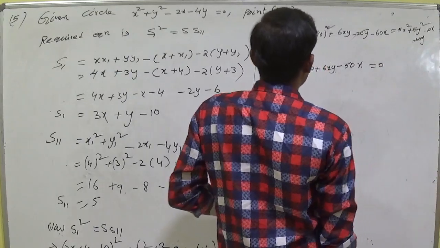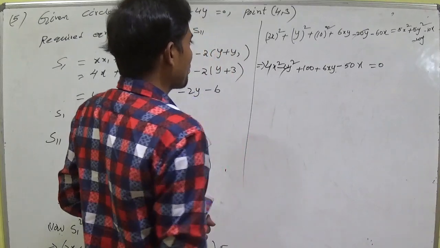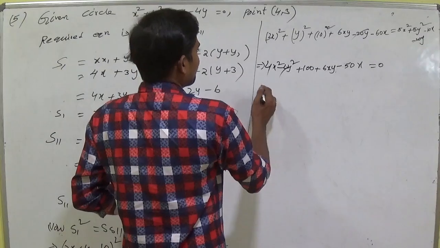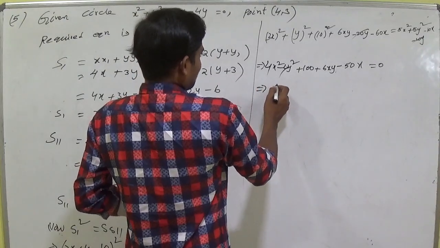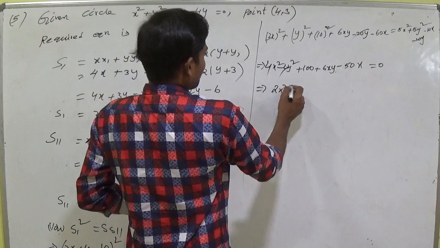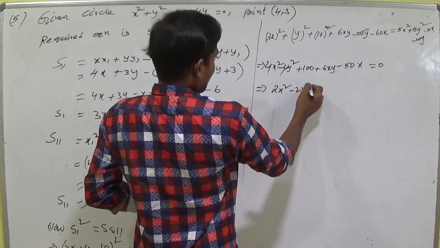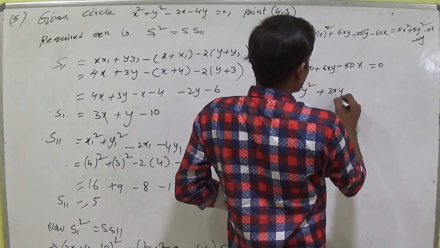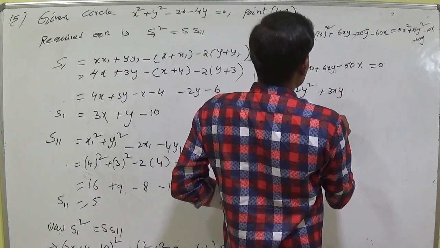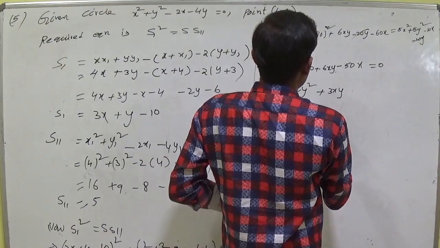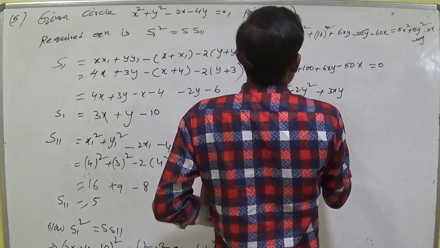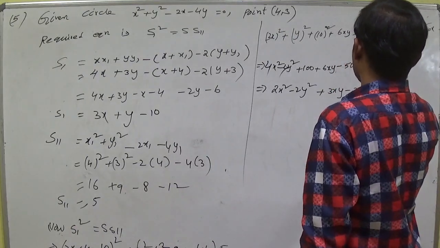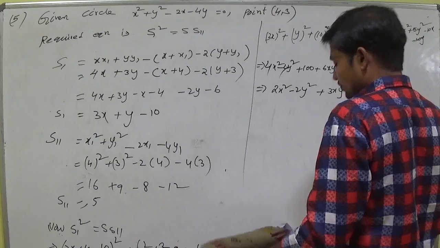Then 2 is a common factor: 2x square minus 2y square plus 3xy and minus 25x plus 50 equal to 0.